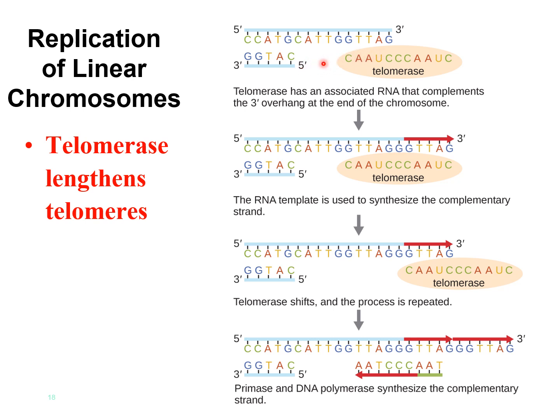Okay, but there are some cells that divide a lot, and so they would very quickly run out of telomeres and then start losing parts of their genes. So we have an enzyme called telomerase that will actually lengthen the telomeres. And so in certain cells in our body that divide a lot, they've got this telomerase gene turned on, and they make this enzyme to lengthen their telomeres.